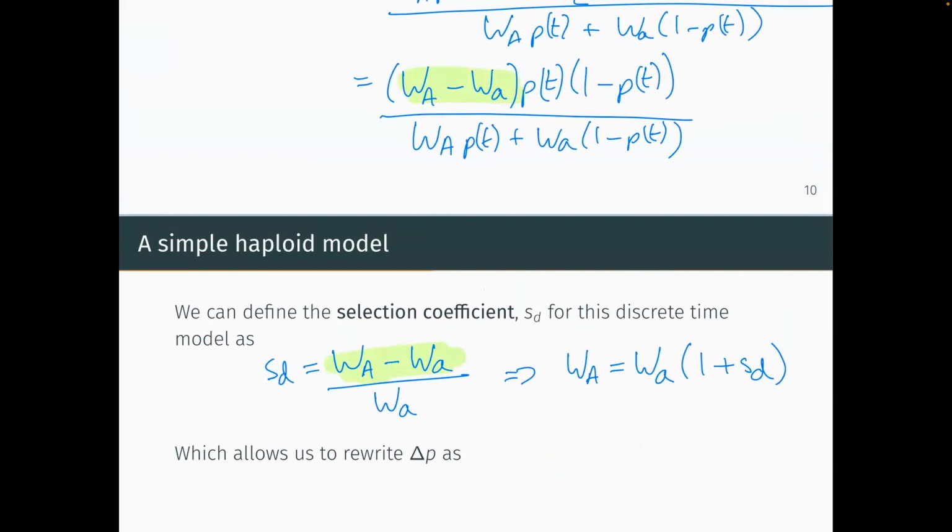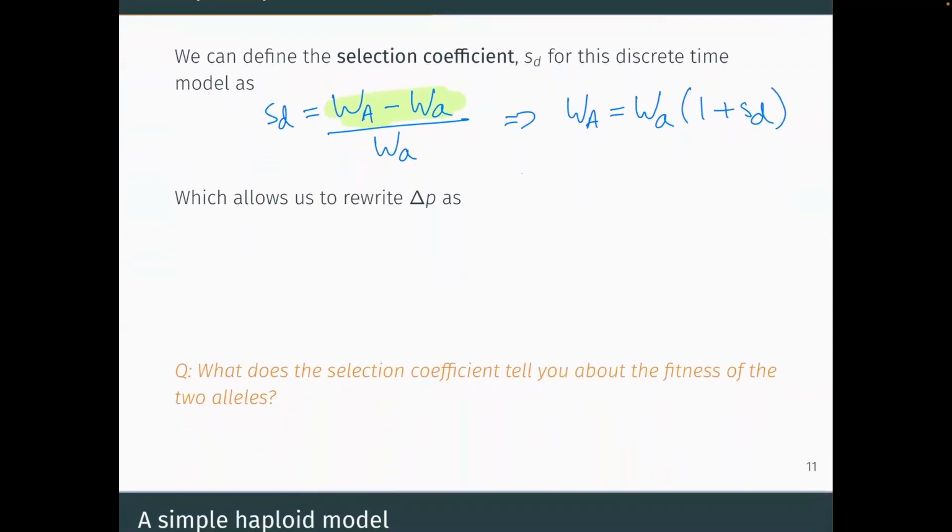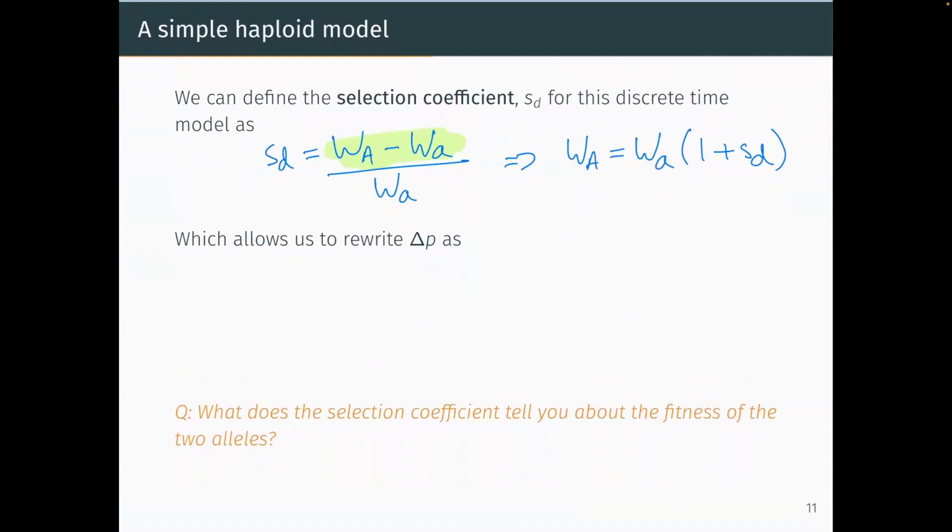We also have these fitnesses appearing in the denominator, kind of like with our relative fitness model, where we were able to eliminate our two fitnesses, W sub capital A and little a, and replacing them with just one term. We can do the same thing in terms of a selection differential. Like I said, this is just rewriting these equations in a slightly different format. And depending on the kind of thing you're doing, sometimes it's easier to work with one as opposed to another.